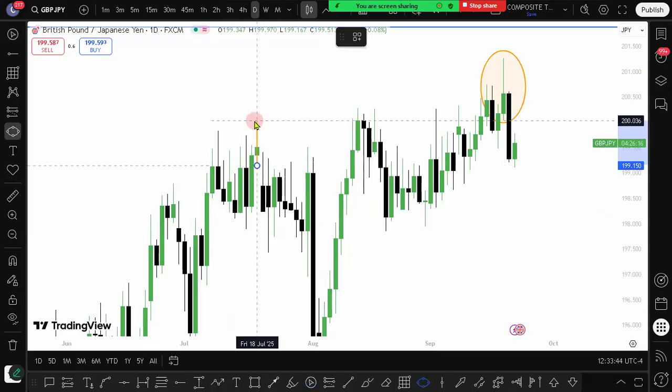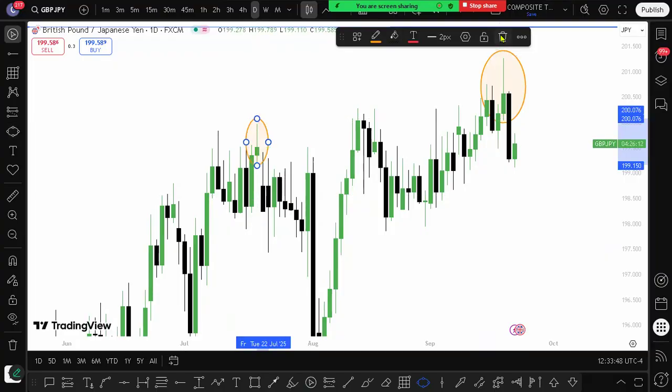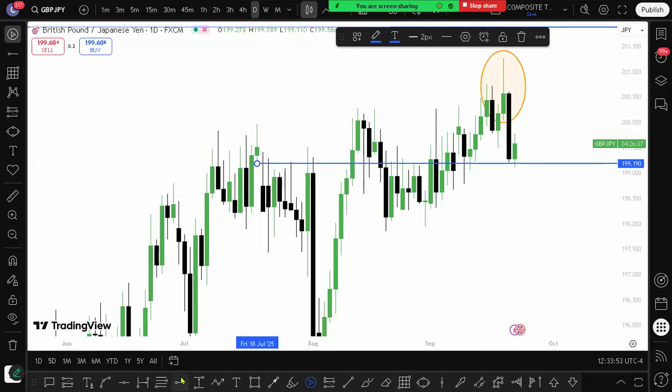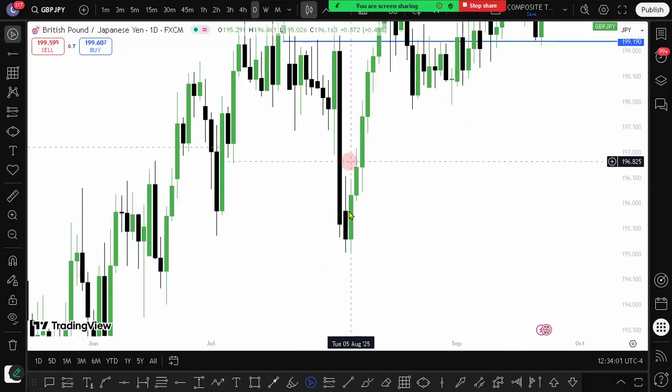Another one is here. It's what you call a shooting star type of candle. Most of the time, it has over 50% of its size in the wick, and the body is almost 20%. You see price runs into it and collapses all the way until we meet this demand down here.